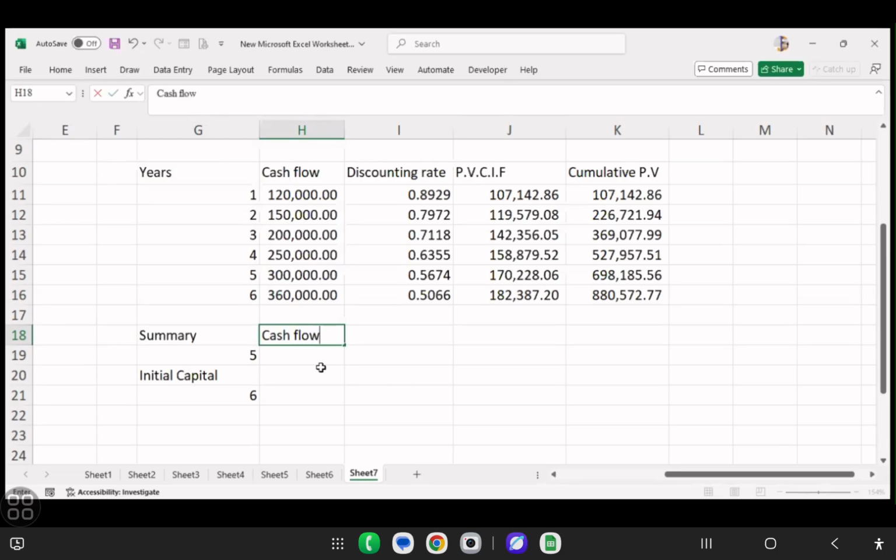The cumulative cash flow in year 5 is this one. The one for initial capital is 720, and the one for year 6 is this much. If that is the case, can someone determine for me the discounted PBP?